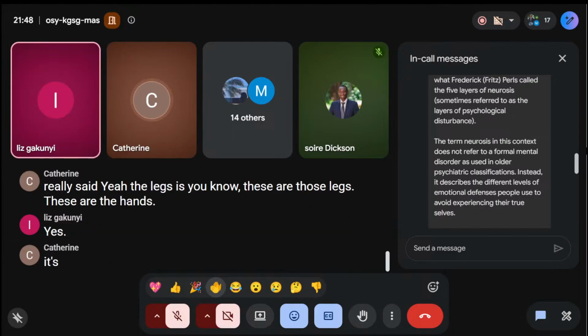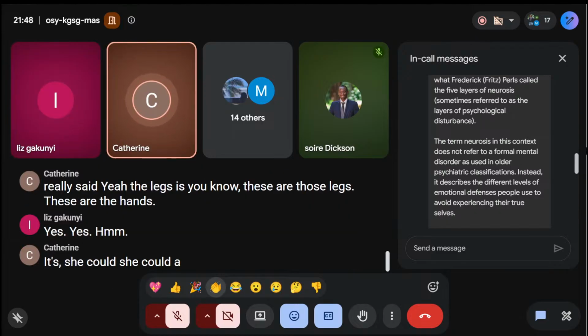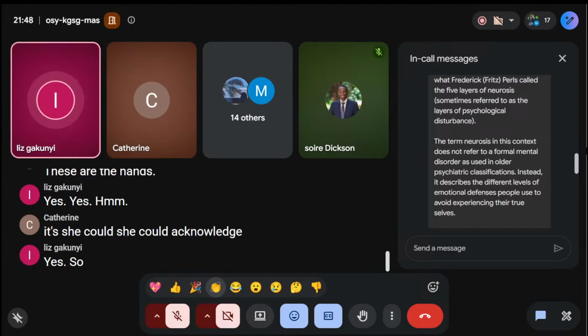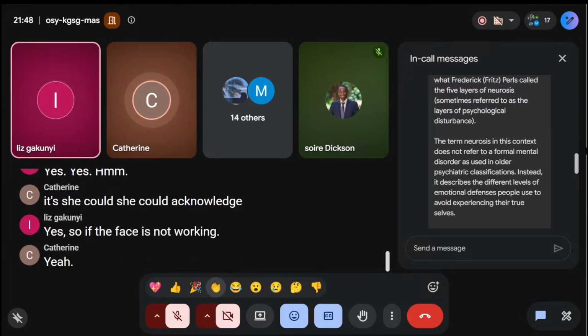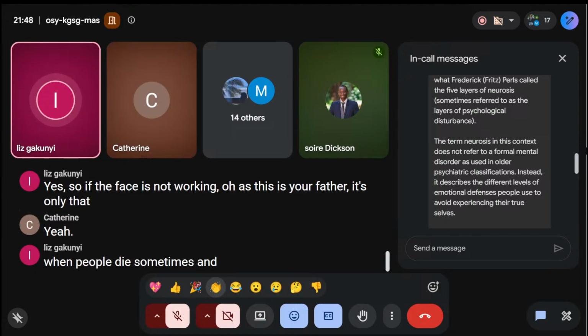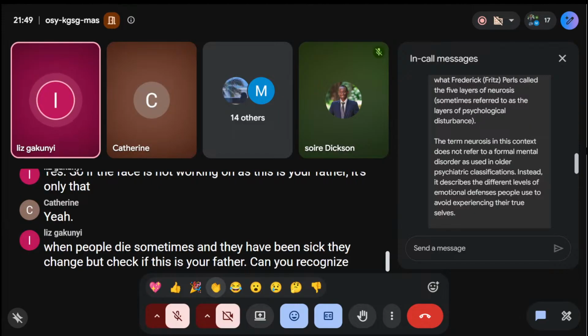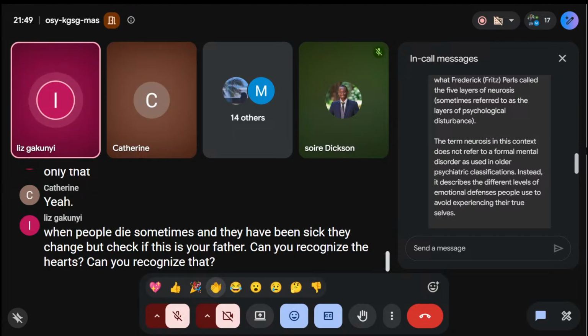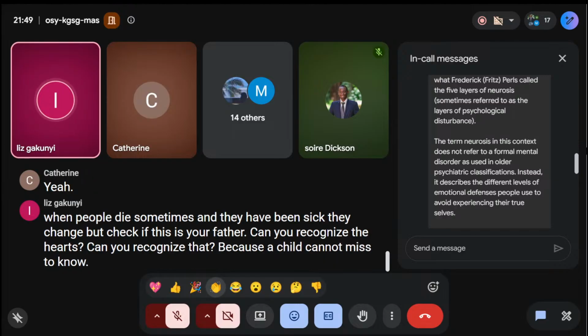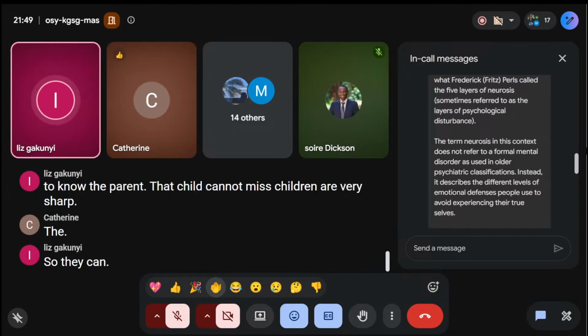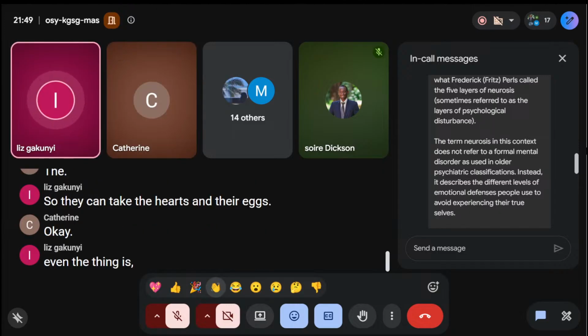Yes, she could acknowledge. So if the face is not working, ask, this is your father. It's only that when people die sometimes and they have been sick, they change, but check if this is your father. Can you recognize the hearts? Because a child cannot miss to know the parent. Children are very sharp. So they can check the hearts and the legs, if anything else does not work for them.